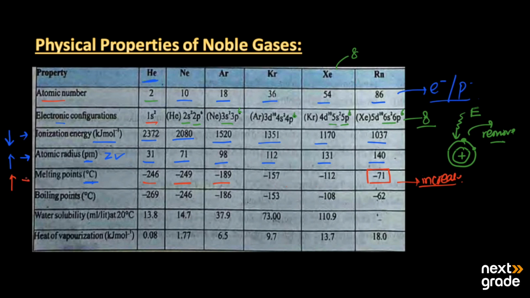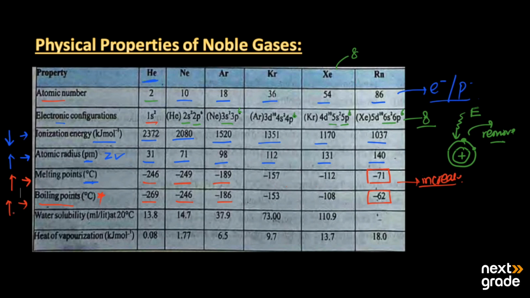Then we talk about the boiling point. It is also in degrees Celsius. Helium's boiling point is minus 269, neon is minus 249, argon minus 186, and when we move to radon, it is minus 62. There is also an increase in the boiling point when we move from top to bottom in the periodic table for the noble gases.